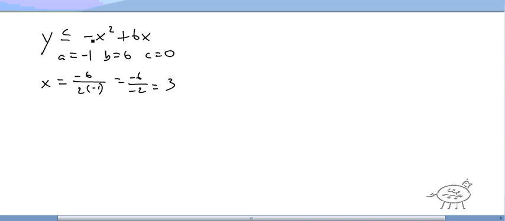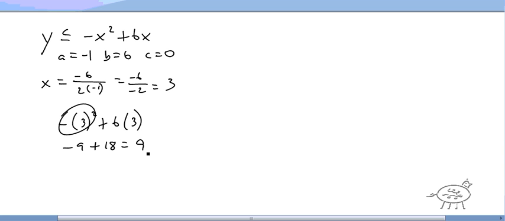And again, be careful because it's not negative 3 squared, it's negative and then 3 squared plus 6 times 3. Really important. Okay. Anyway, this gives you negative 9 plus 18. So we have 9. So the vertex is 3, 9.